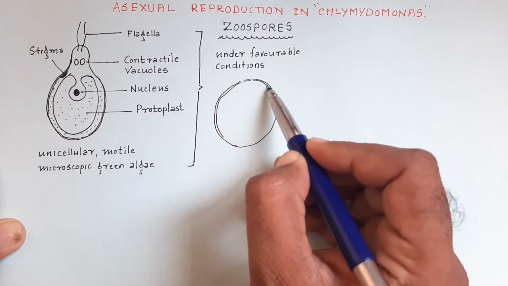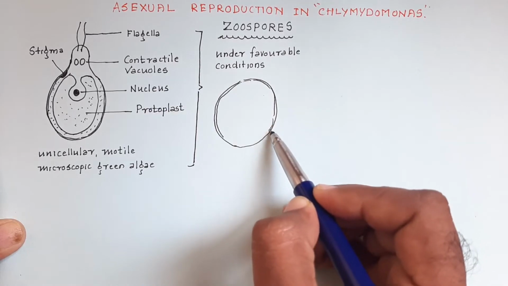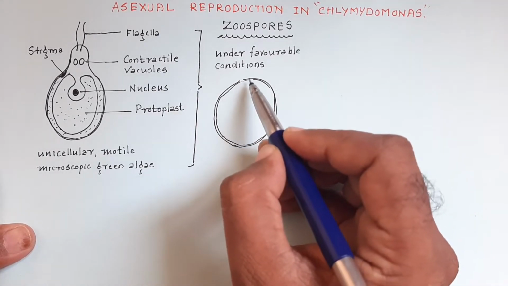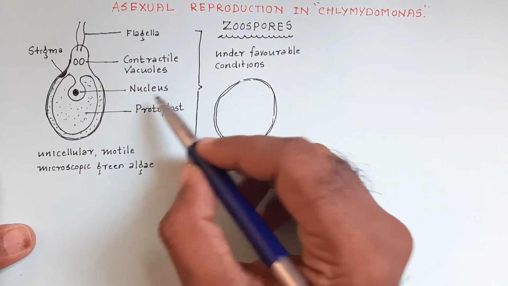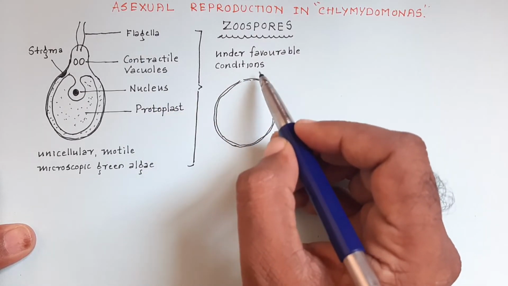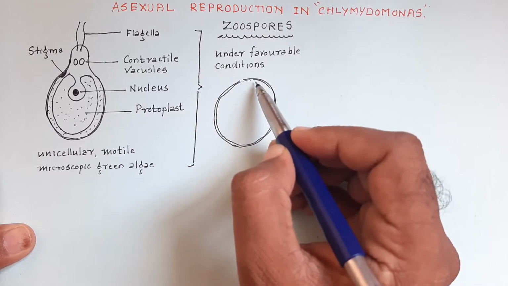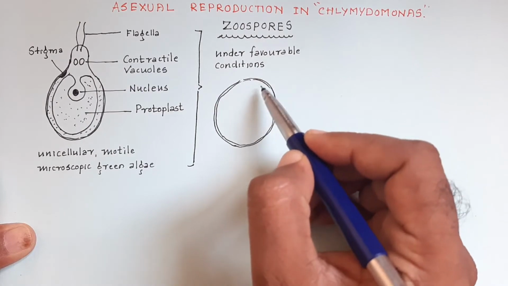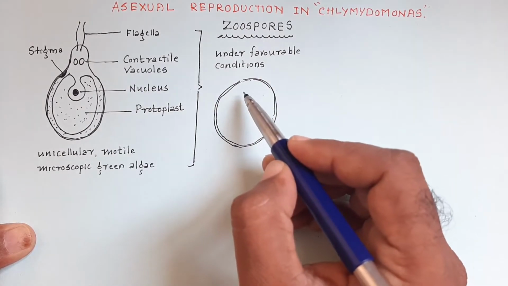Let me list those changes in the first stage of asexual reproduction. First, the parent cell loses or withdraws its flagella.